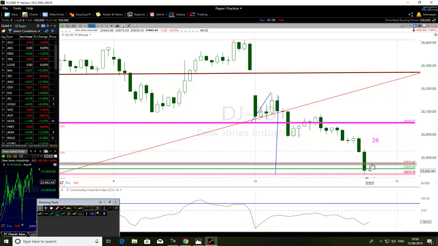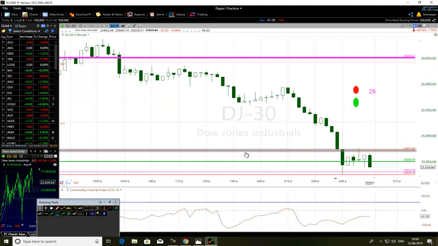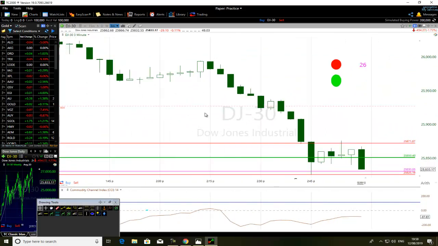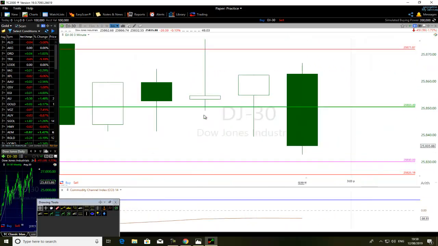That's where everything's going up and down here. Should I move my stop loss? Can you see that? That's my stop loss right there. I'm not going to move it again. I'll leave it there.